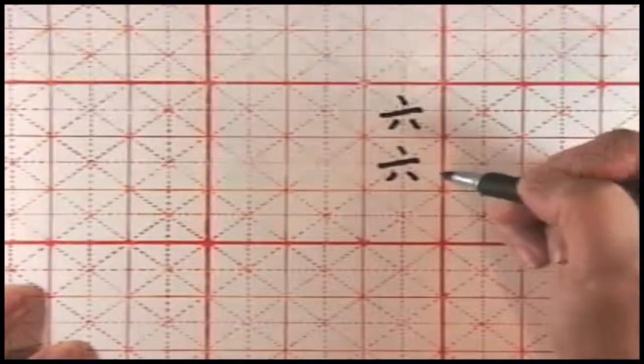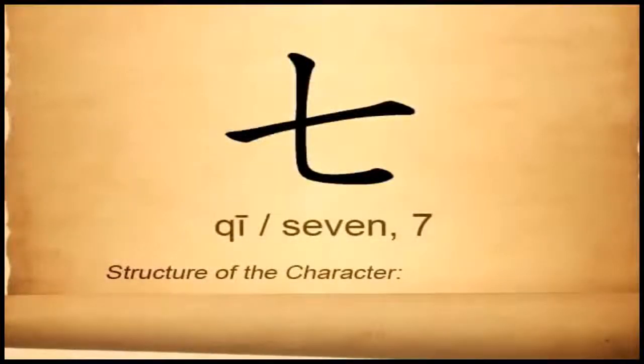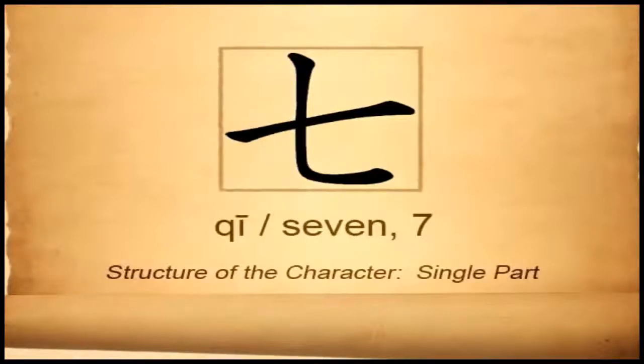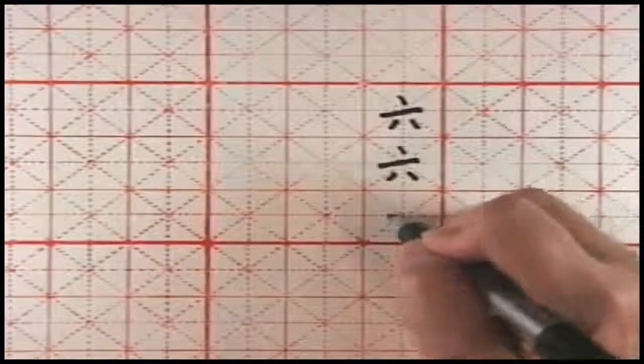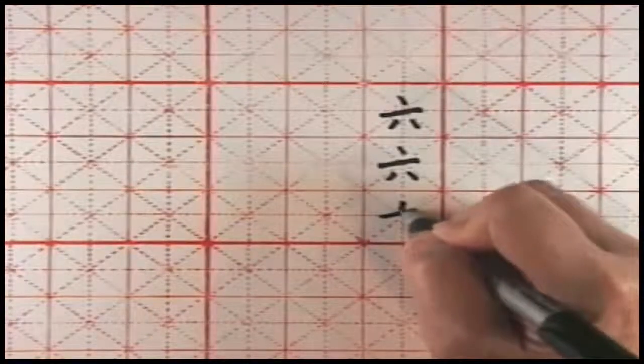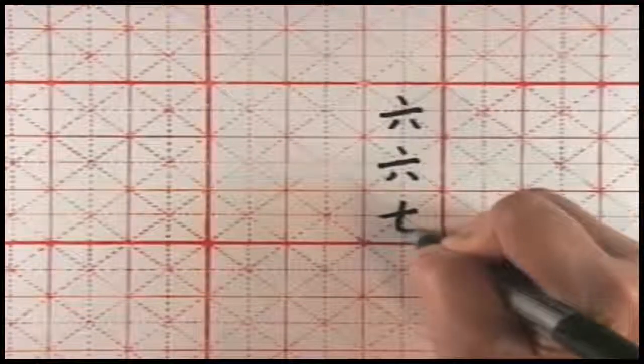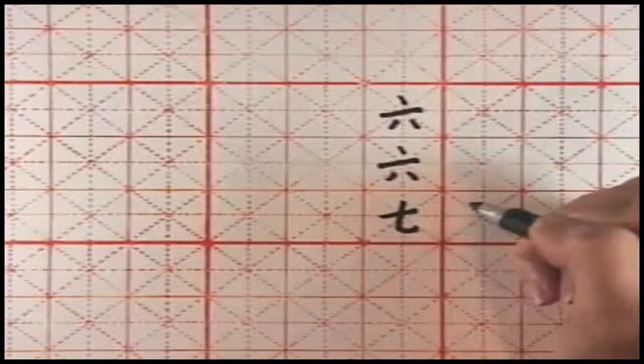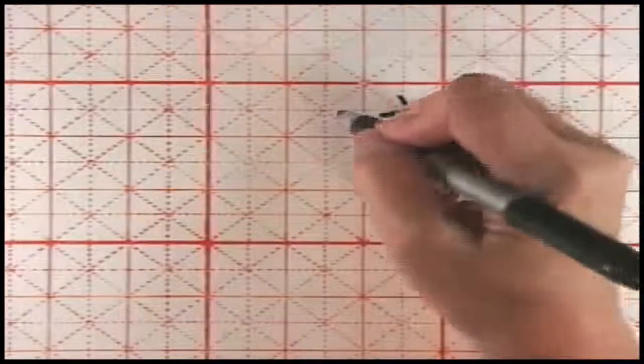Very good. Next, look at 7, number 7. Is 7 a single part or compound structure? Yes, it's single. Which stroke is first? Yes, 横、竖、弯、横、勾.